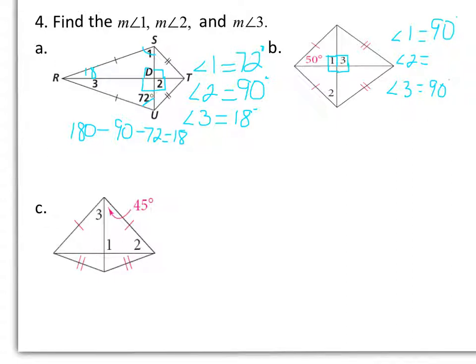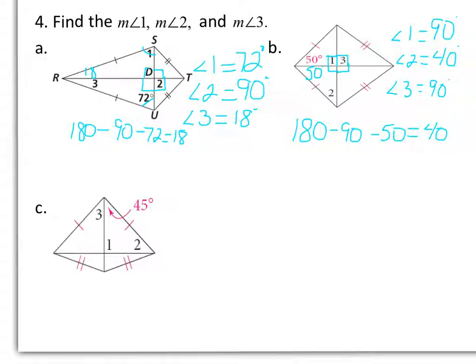Well, since this is a kite, our angles at the ends of the kite will be congruent, so this side is also 50. So to find angle 2, take 180 minus 90 minus 50, we get 40. So angle 2 is 40 degrees.